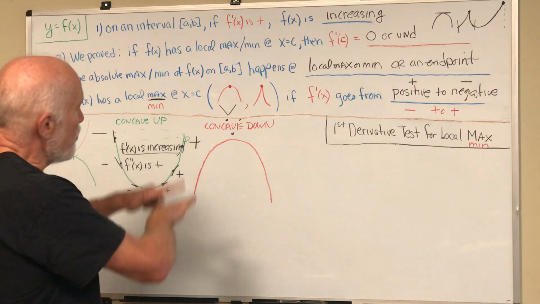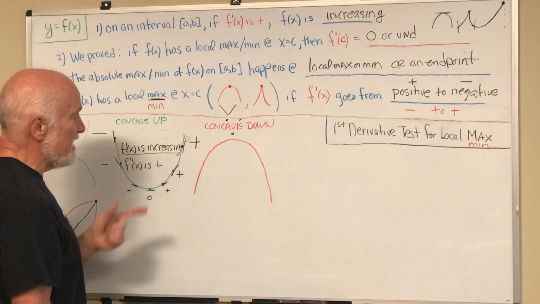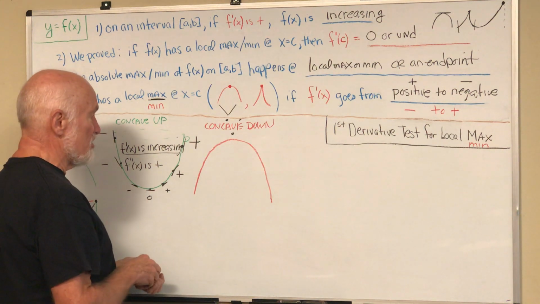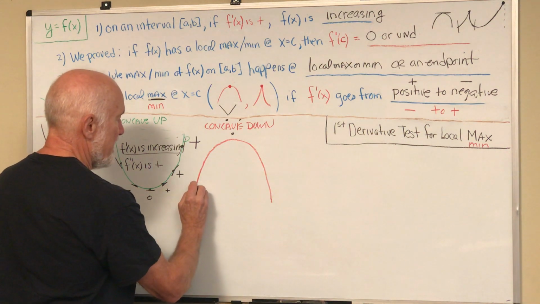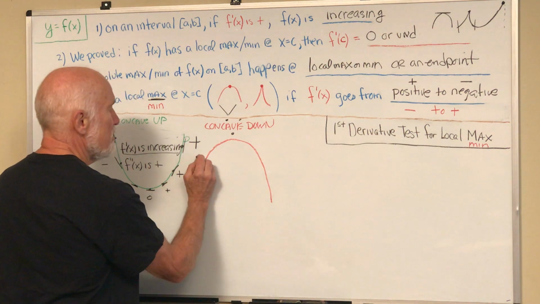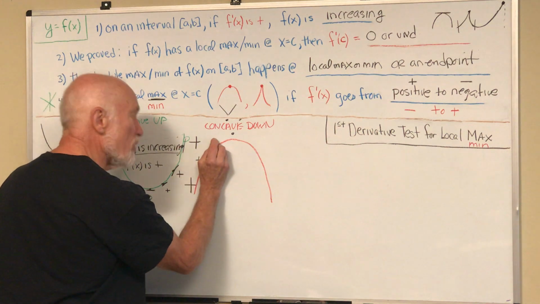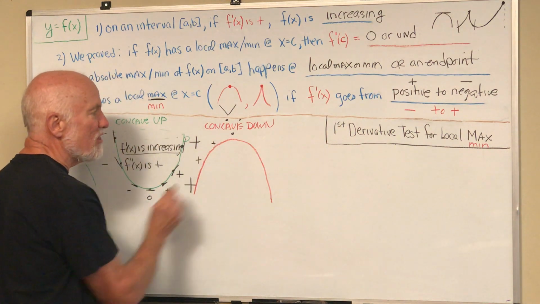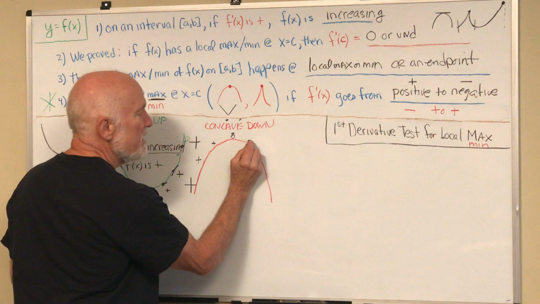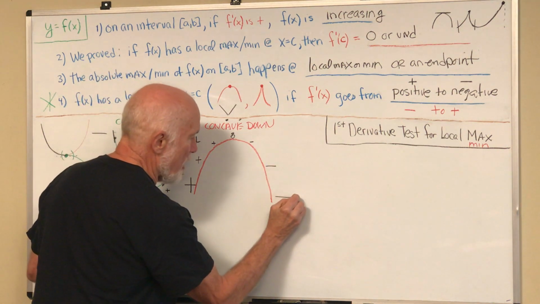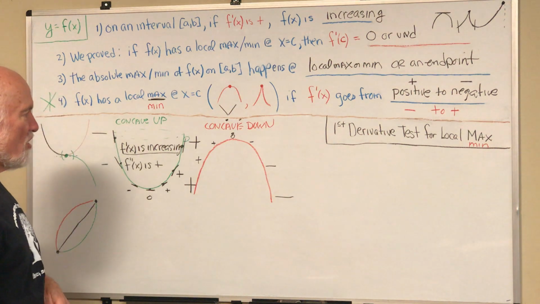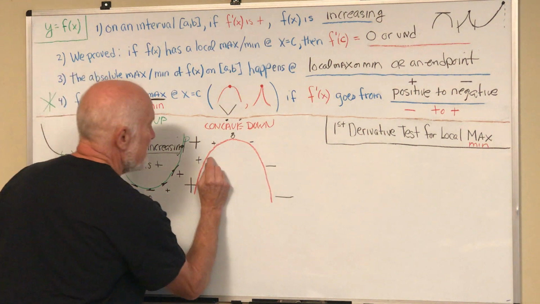Now, I'm not going to go through quite as much detail for concave down. I think you can see it's going to be just the opposite. You're going from a big positive slope to a medium positive slope to a wee little tiny positive slope to a zero slope, wee negative, medium negative, large negative. So altogether, what's the derivative doing?